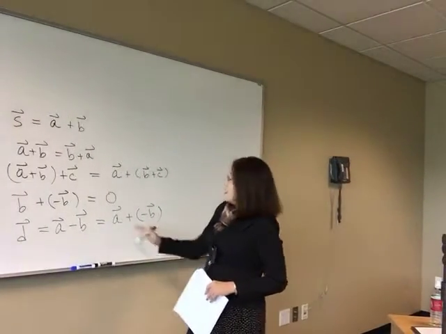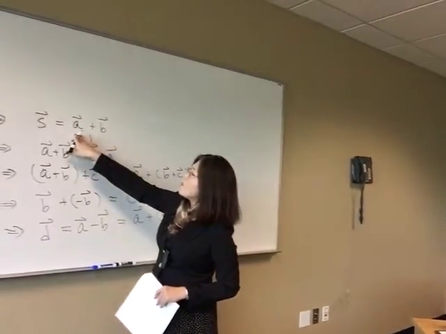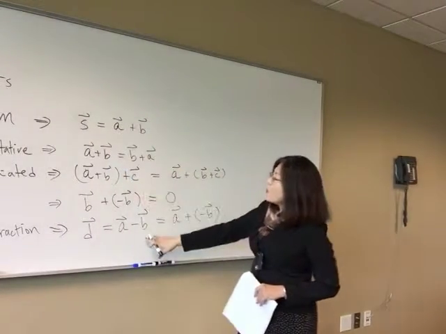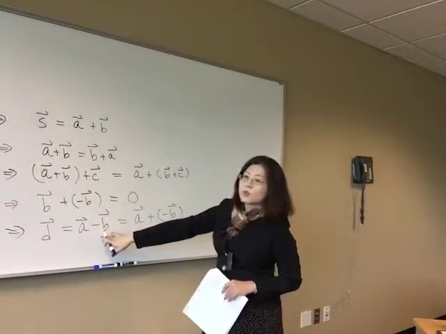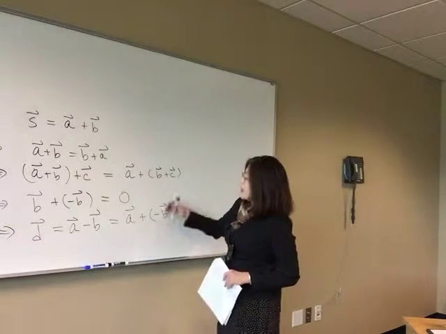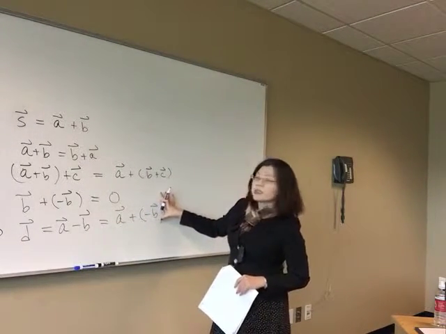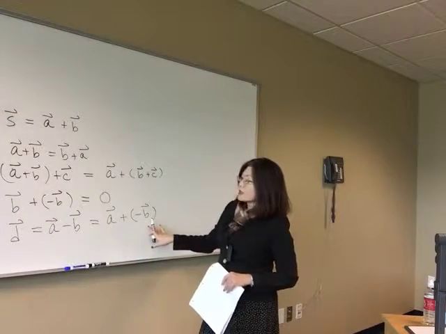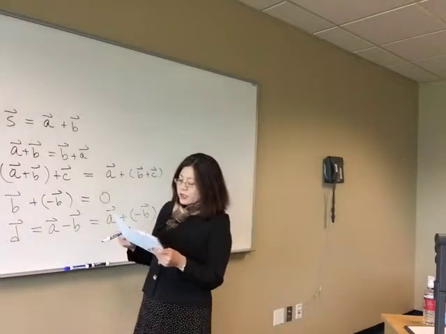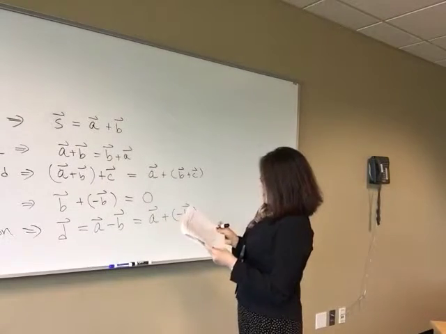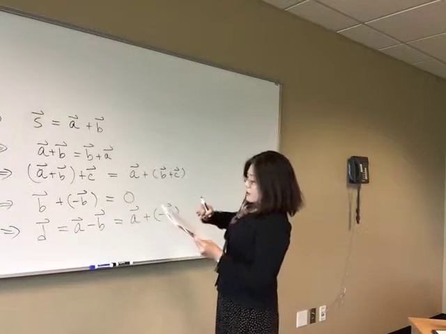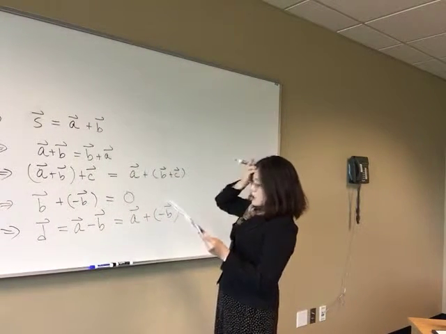What it means is that because we already know how to sum two vectors, if you want to find the difference between two vectors, what you need to do is change this vector and reverse its direction, and then you add these two vectors together, and that will give you the vector sum. Okay, so that's basically some of the laws associated with the vectors.